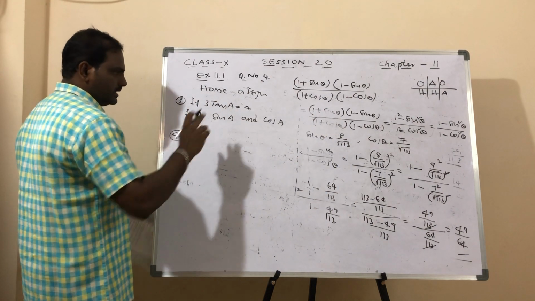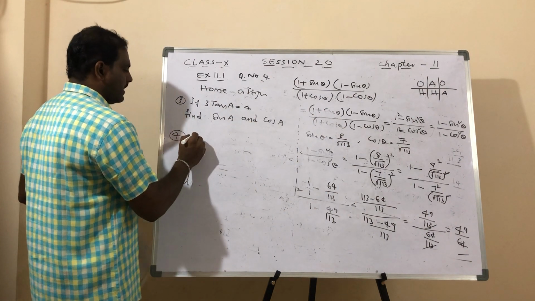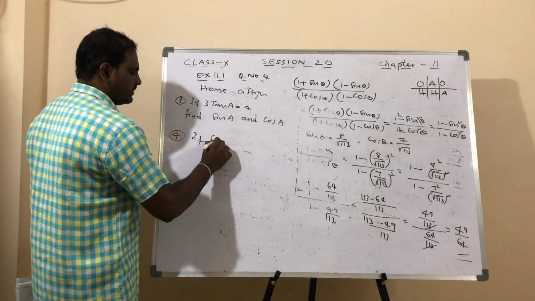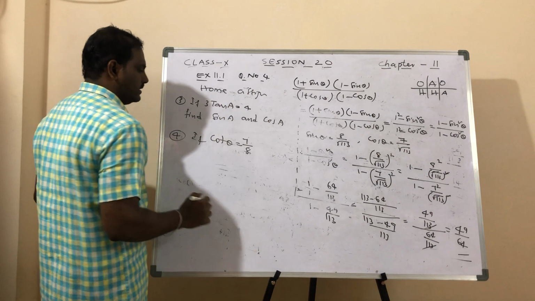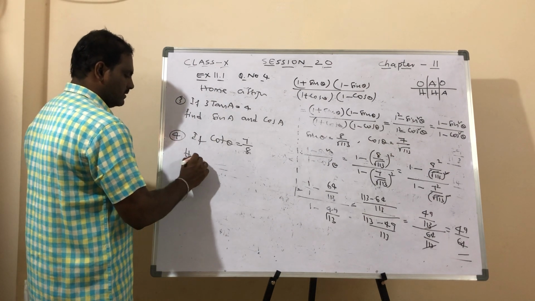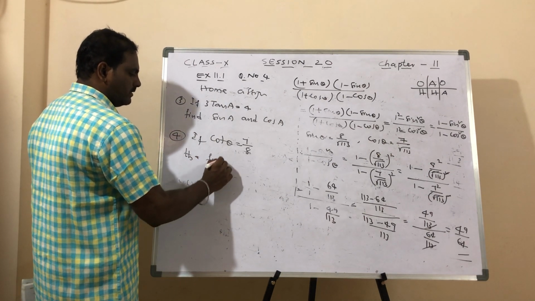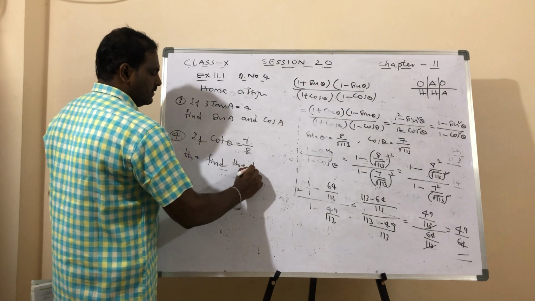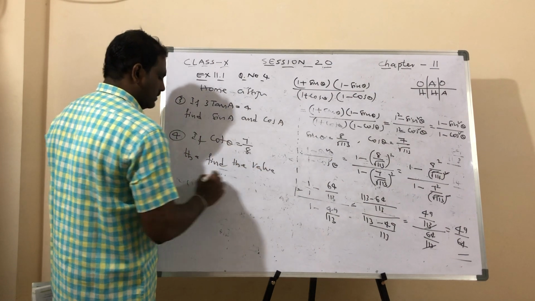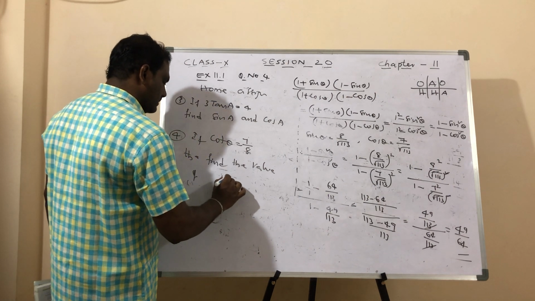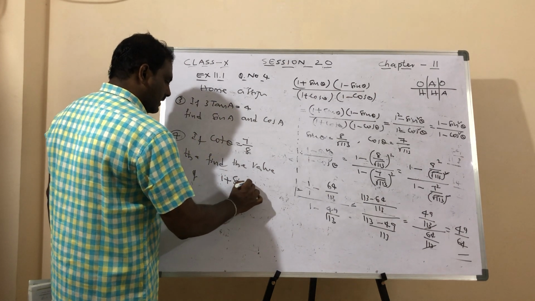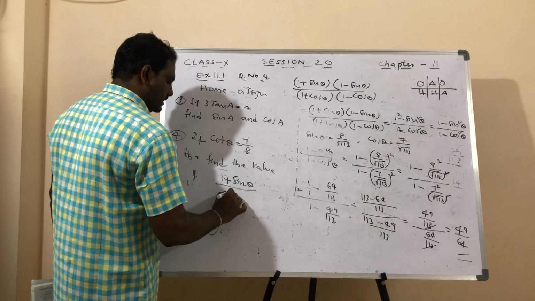Next, question number 4 is a continuation of this. If same question, cot theta is equals to 7 by 8, then find the value of 1 plus sin theta by cos theta.